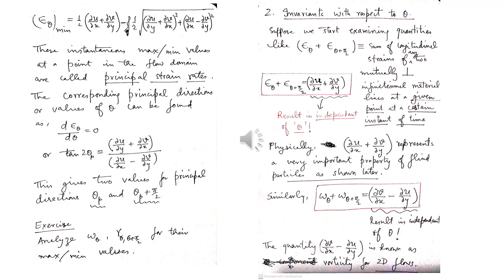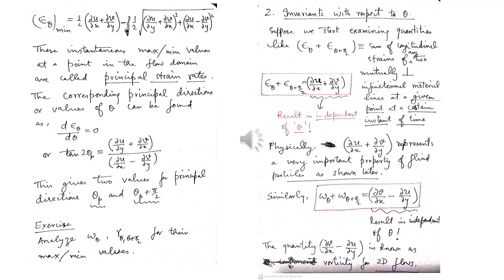Now, as a small exercise, since I am not doing this in my lecture, you are expected to take over from this point onwards, and you can do a learning exercise where you analyze omega theta and the shear gamma theta, theta plus pi by 2 for their maximum minimum values.